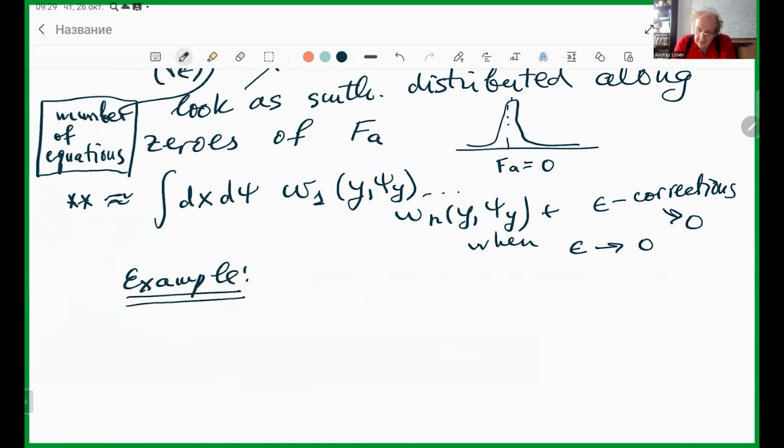Example. M equals 1. Omega 1 is some function f of x.